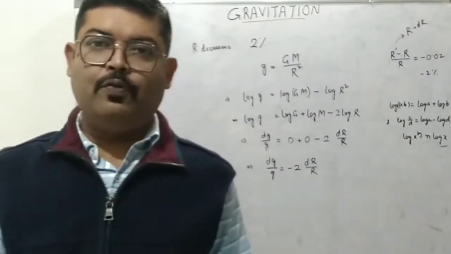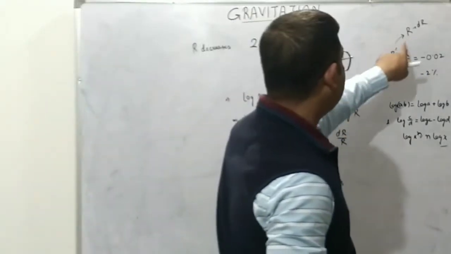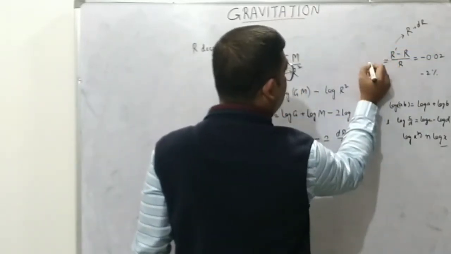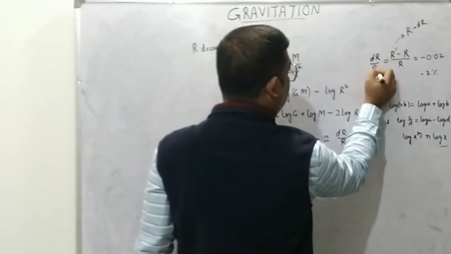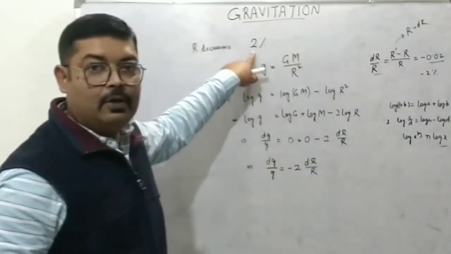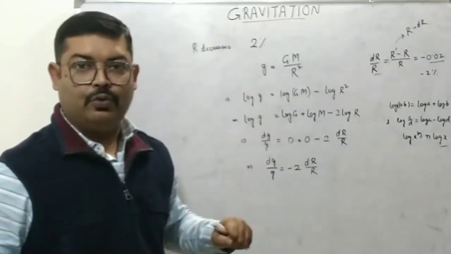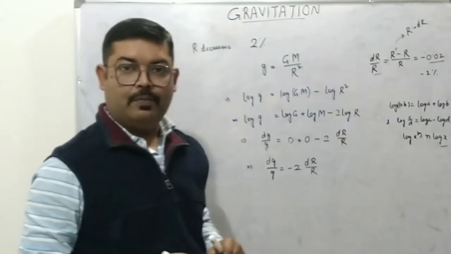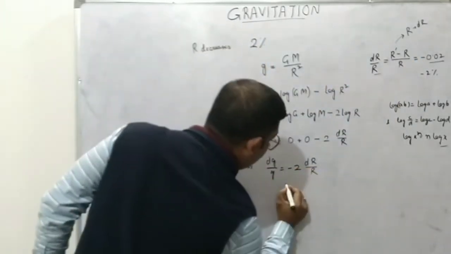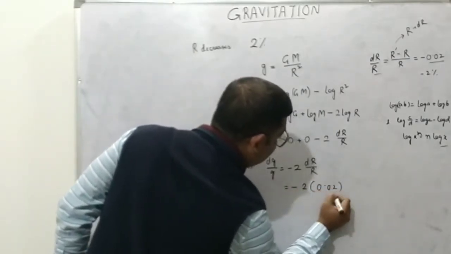We assume it's positive. Even if it's negative, it's not going to change anything. So if I substitute r dash by r plus dr, then this equation will be dr by r, which we have found to be minus 0.02 as has been given. 2% converted into a fraction will be minus 0.02, and since there is a reduction of radius, it will be minus. So if you substitute this value, what we will get? Minus 2 into 0.02.